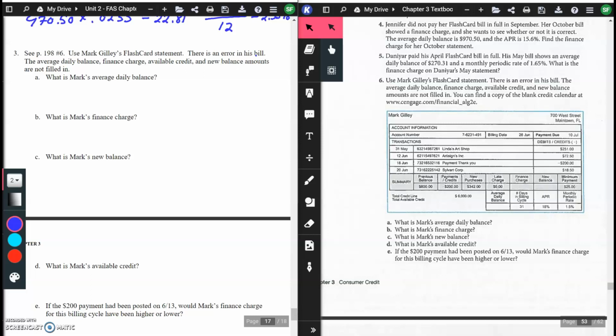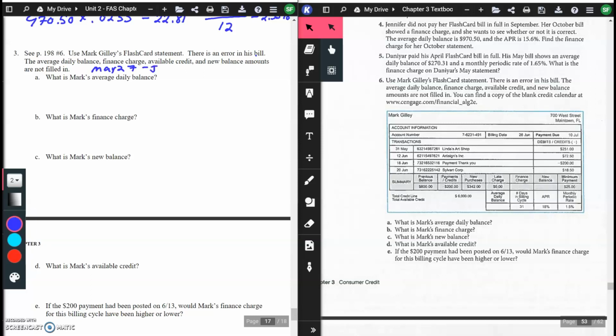Okay, we're going from May 27th through June 26th. Okay, so May 27th to June 26th, we have 26 days.